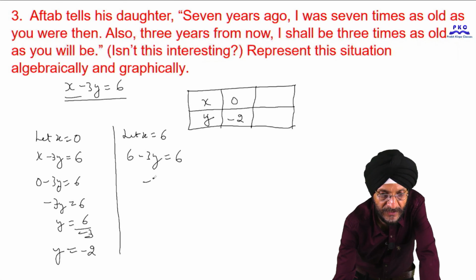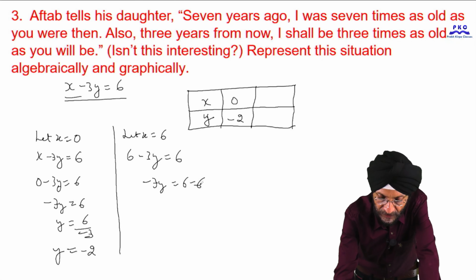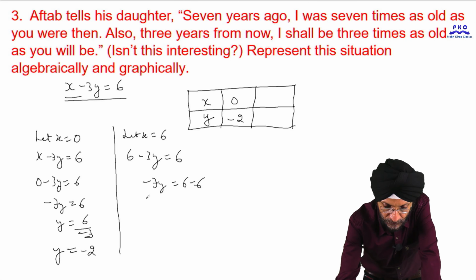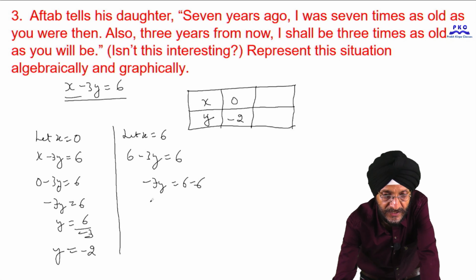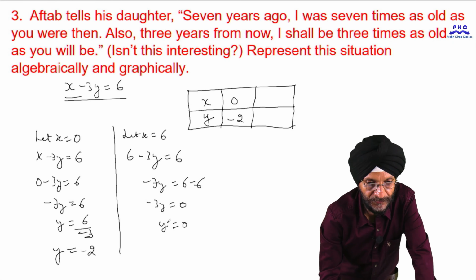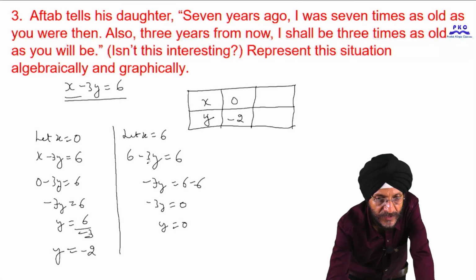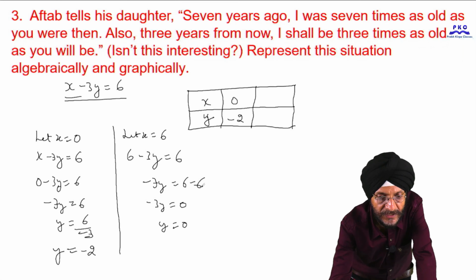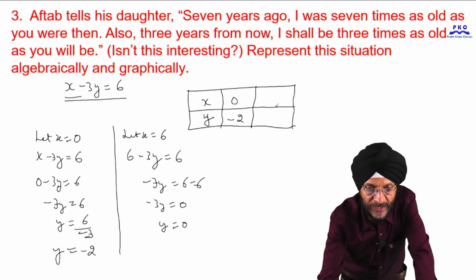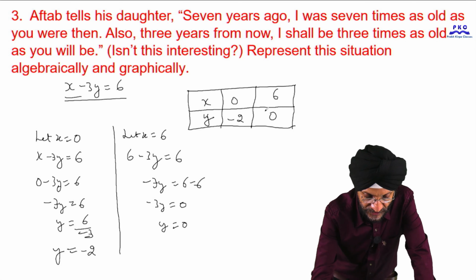So this is 6 minus 3y is equal to 6. 6 will go to the other side and will become negative, so minus 3y is equal to 6 minus 6, that is minus 3y is equal to 0, y is equal to 0. Okay. So when x is 6, y is 0.